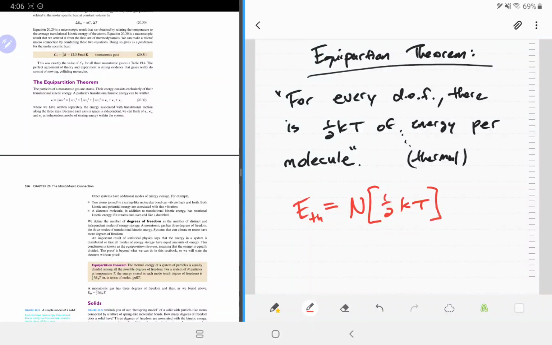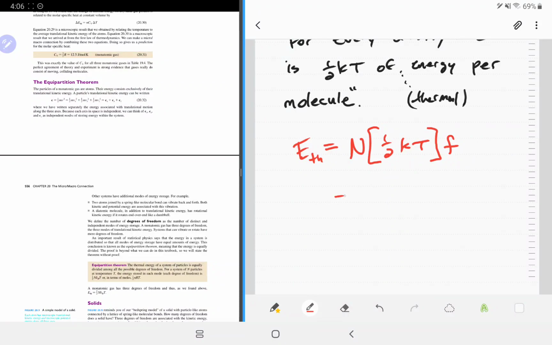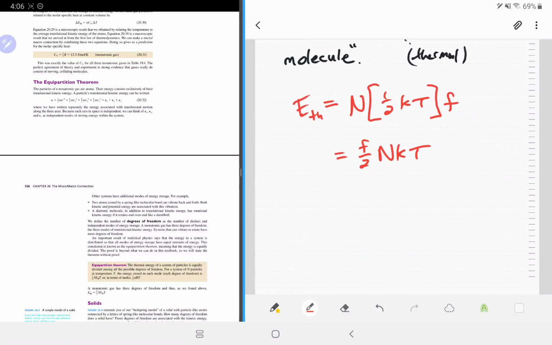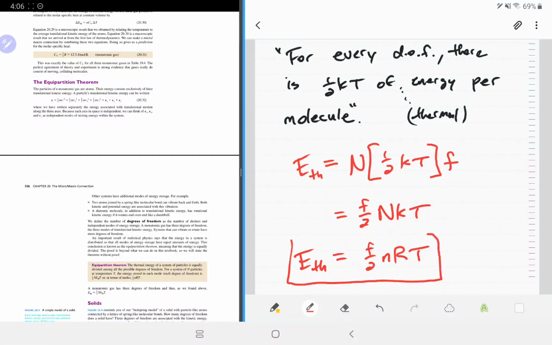So we also have to multiply by the number of degrees of freedom. So that's the total thermal energy. We can rewrite this as F over 2, capital N kT. And remember, capital N times k is lowercase n for moles times the ideal gas constant. So we have thermal energy is equal to F over 2 nRT.